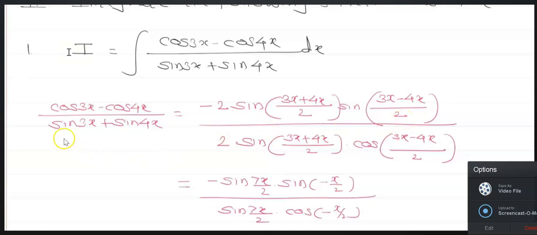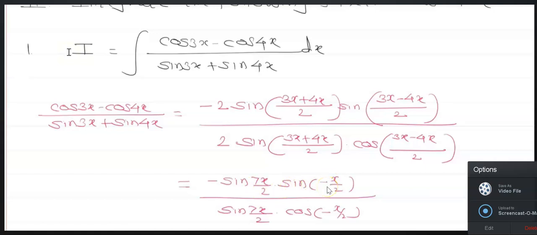In the denominator, we will apply the formula for sin c plus sin d, that is 2 times sin of (c plus d) upon 2 into cos of (c minus d) upon 2. And that comes here as minus 2 sin of 7x upon 2 into sin of minus x upon 2.